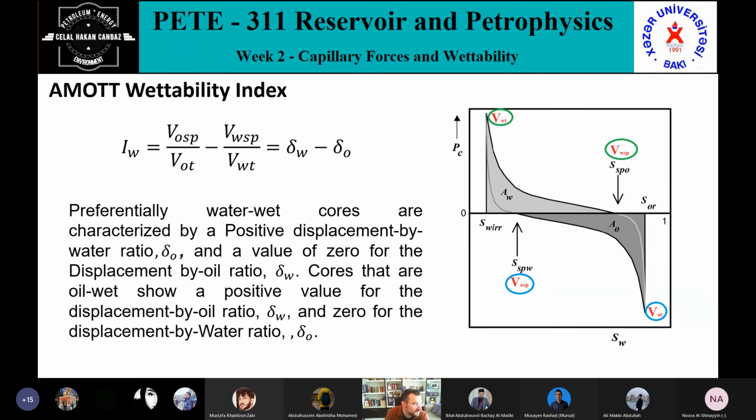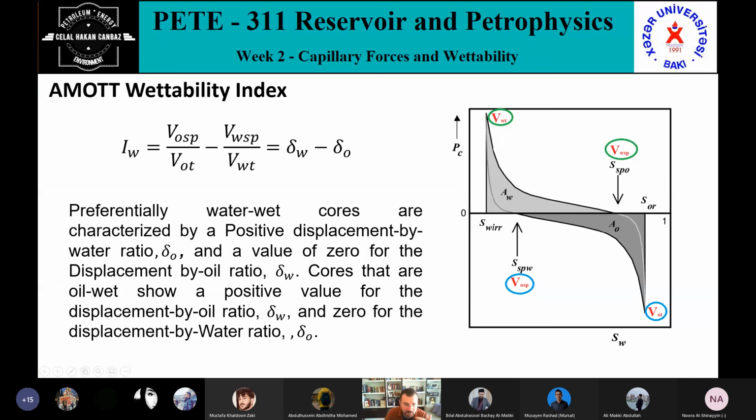To sum up, according to the results from 0 to 1, it gives you an idea of the wettability of your core sample directly by seeing the IW results.